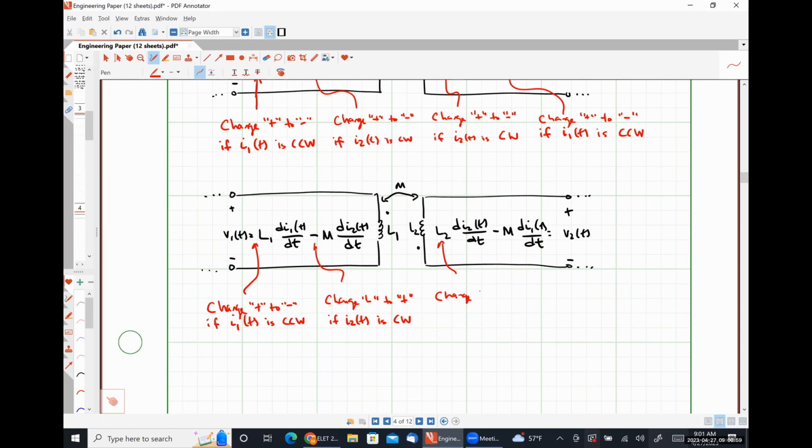Change this plus to minus if I2 is counterclockwise.